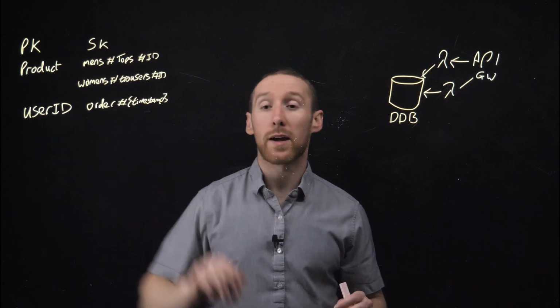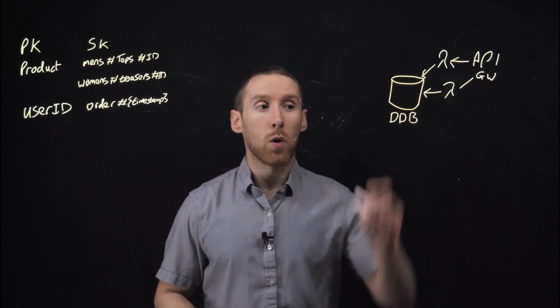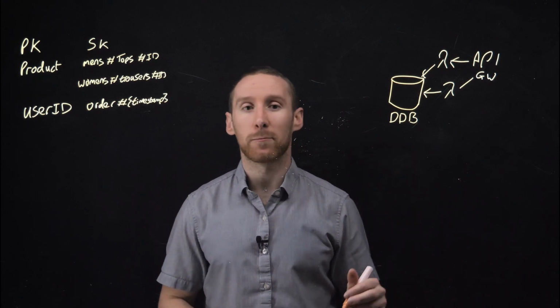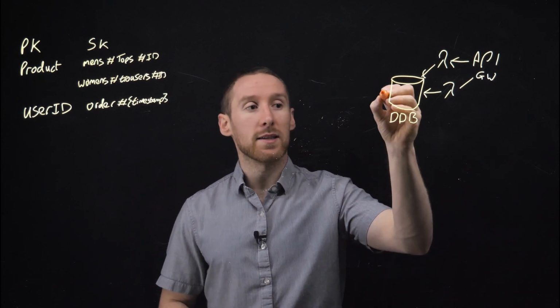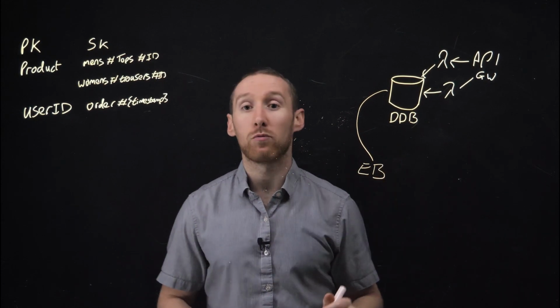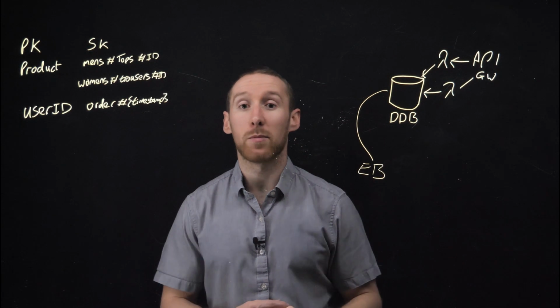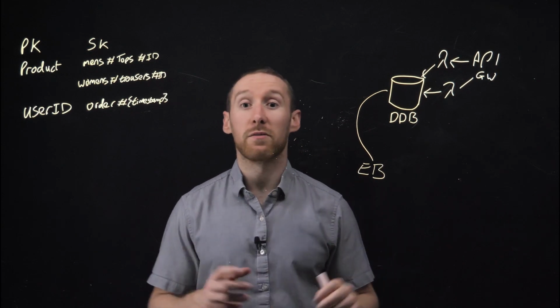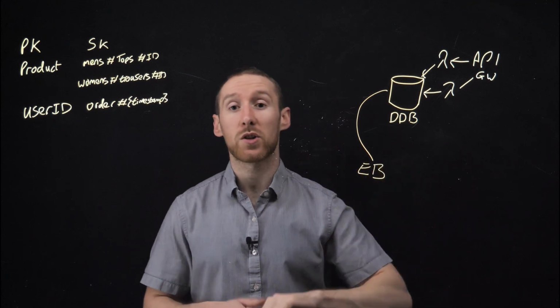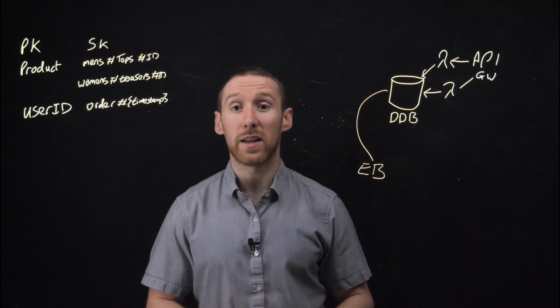Now that we've written a record to DynamoDB, we can actually add DynamoDB streams to this table. What this will do is output to EventBridge a record for that DynamoDB record. Now that it's in EventBridge, we can have multiple lambdas listening to this EventBridge for different kinds of events.